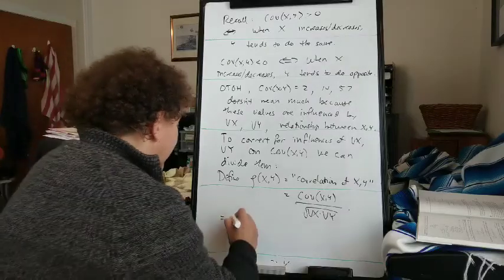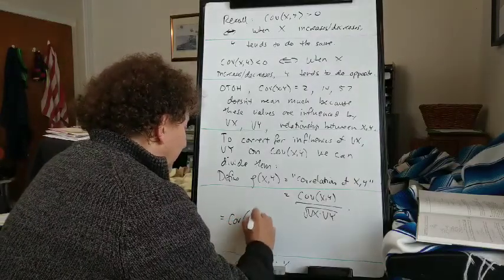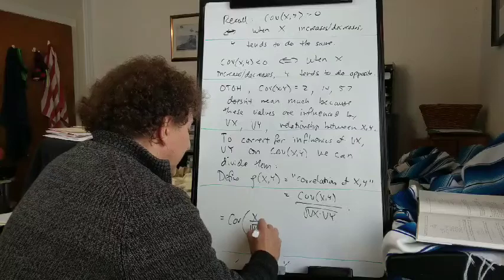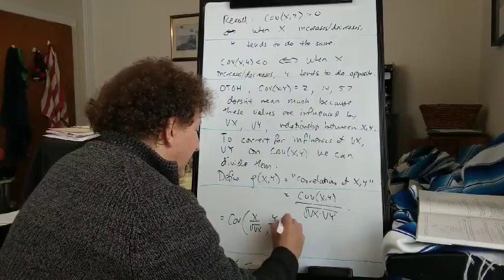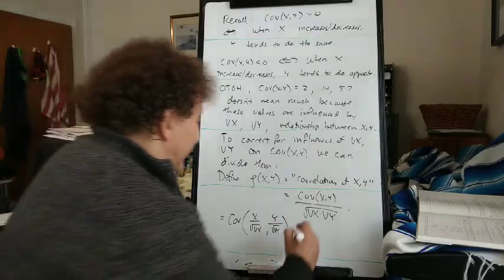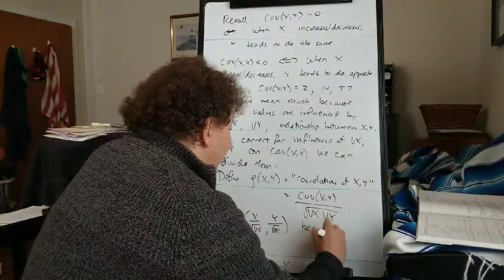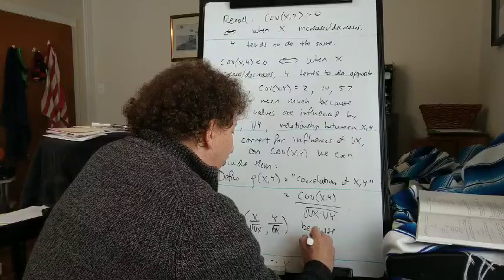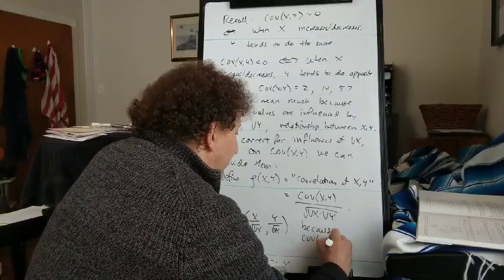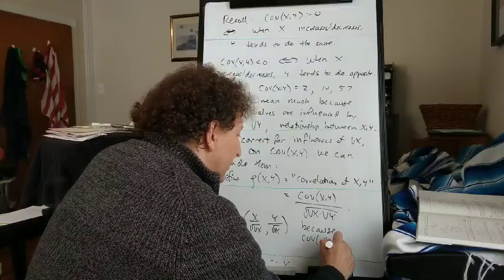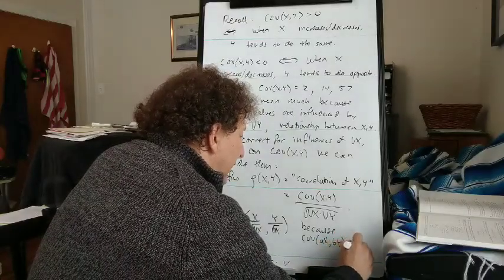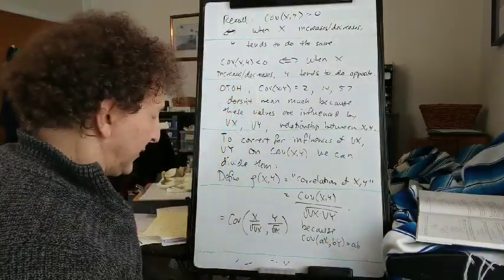And we can also write this as the covariance of x over square root of variance of x with y over square root of variance of y, because covariance of ax with by is just ab covariance of x and y.